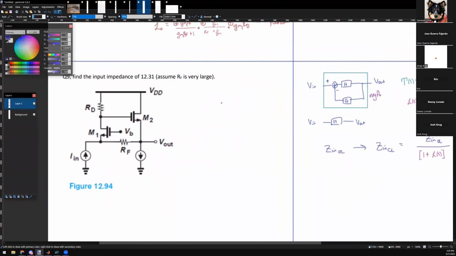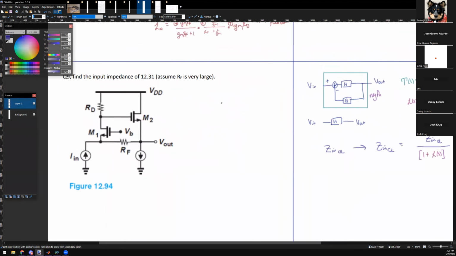So this guy's going to be 1 over GM2 divided by 1 minus RD over RF. Any questions? Good. So that's how you handle negative feedback. Okay, guys?